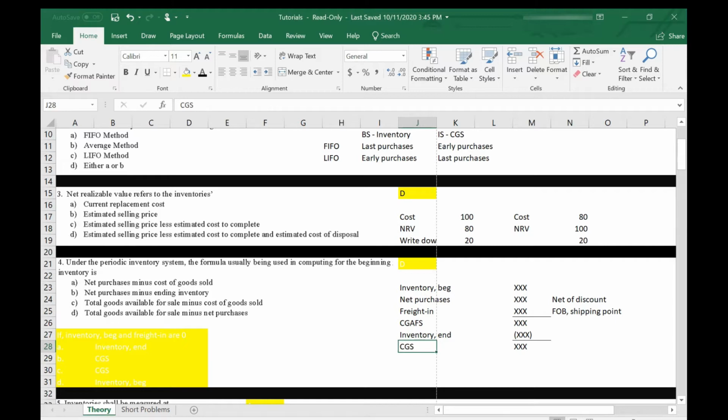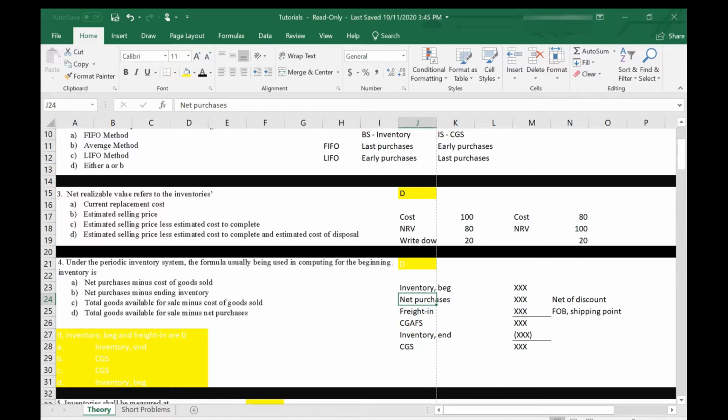Now, just to give additional insights, when we compute for our net purchases, di ba usually you encounter terms 2, 10, and 30. So 2%, that's a discount, cash discount. So as far as I remember, if the problem is silent, what's the assumption? Does the company avail of the discount or not?